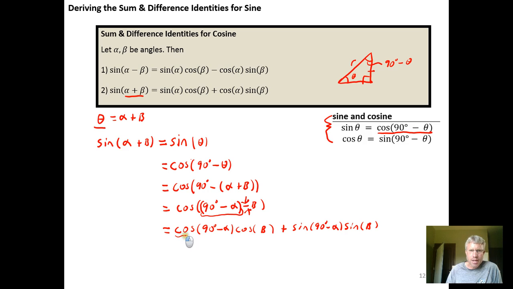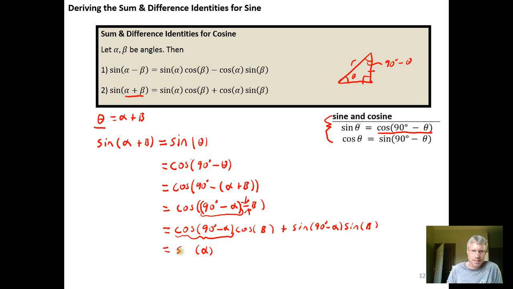And then I look at this and I realize that, ooh, I have a cofunction identity sitting here. Cosine of 90 degrees minus some angle is just equal to the sine of the angle that's being subtracted from the 90 degrees. So I can rewrite this using the cofunction identity as the sine of alpha. The cosine of 90 minus an angle like alpha is equal to the sine of that angle.